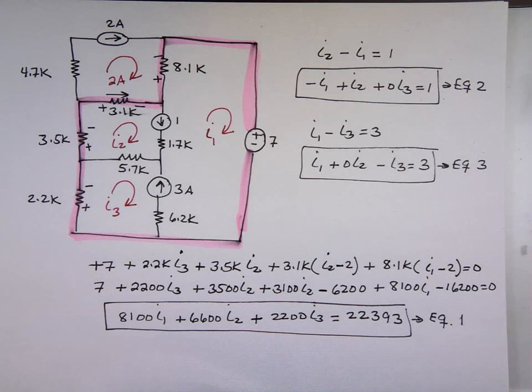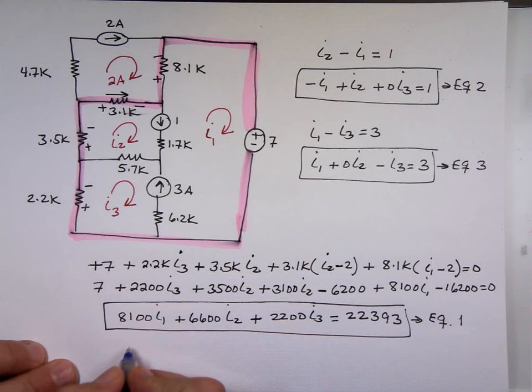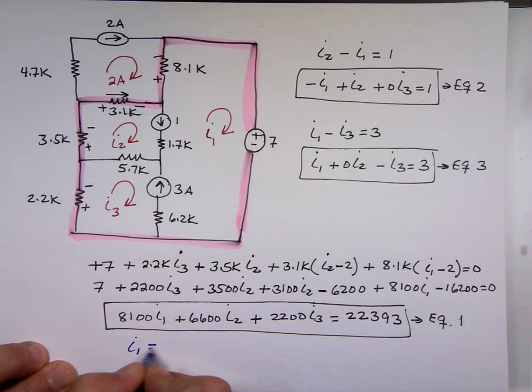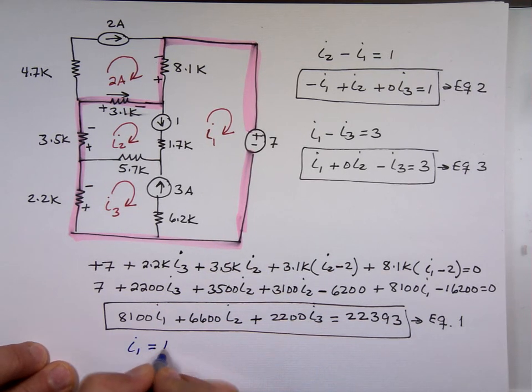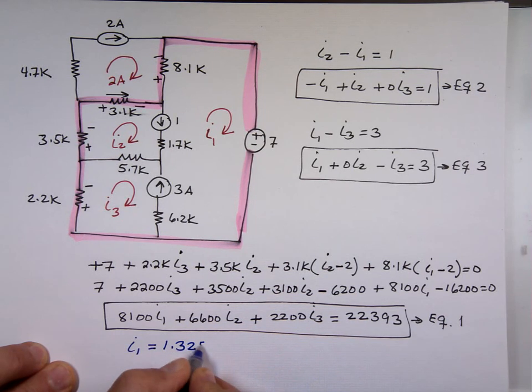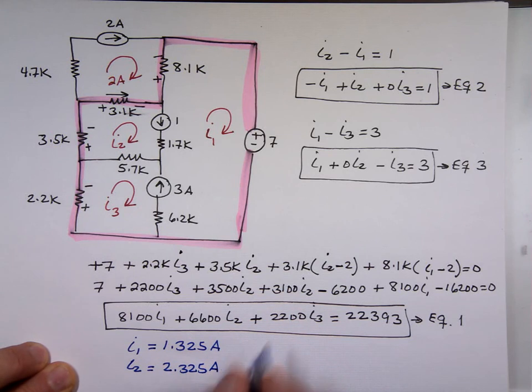Solve. I sub 1 is equal to 1.325 amps. I sub 2 is equal to 2.325 amps. And I sub 3 is equal to negative 1.675 amps.